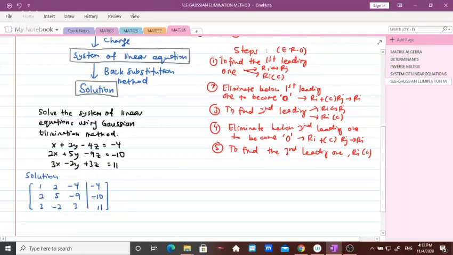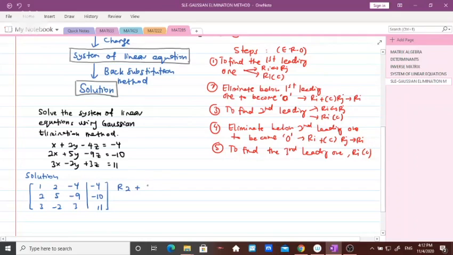Okay, next, refer to the guideline here: find the first leading one. We have the first leading one here, so we can proceed to the next step to eliminate below the first leading one to become 0. We have two rows here which are not 0, so we have to eliminate.